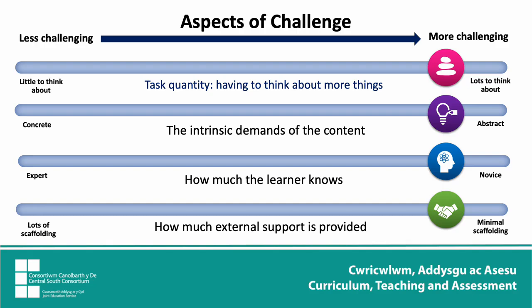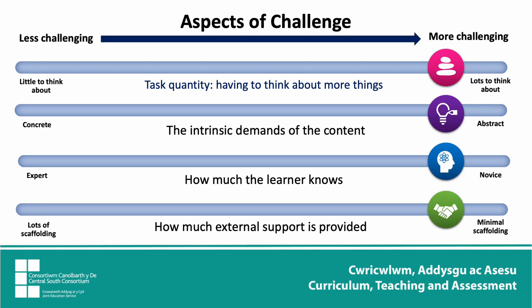And again, we need to think beyond the academic for some of these things too, especially if we're thinking about foundation learning, because actually there's a huge amount of cognitive skill, but also gross motor skill, fine motor skill, for example, that learners are still working on.